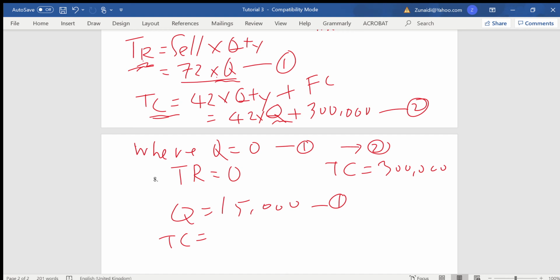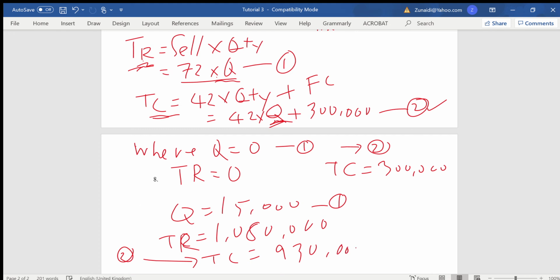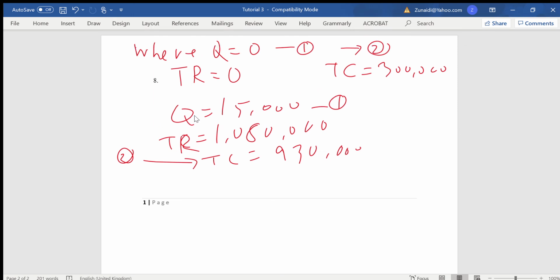TR equals 3,600,000, you can calculate later. And TC, by substituting Q into equation number 2, you can get TC. TC is 930,000. That is the value we get, so we can plot the graph.